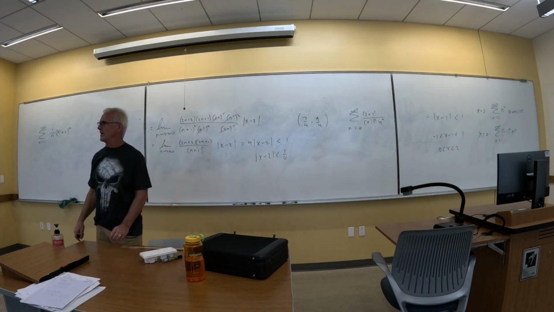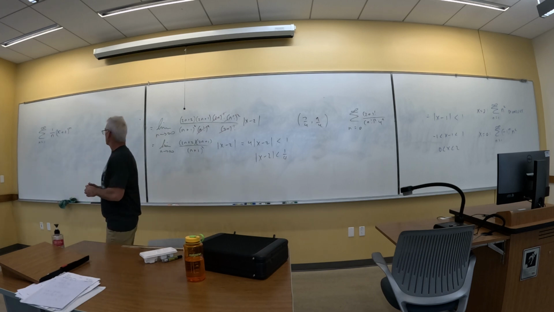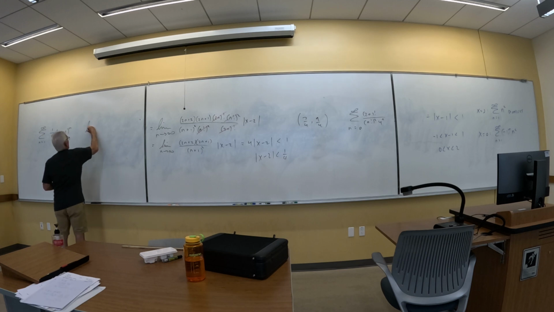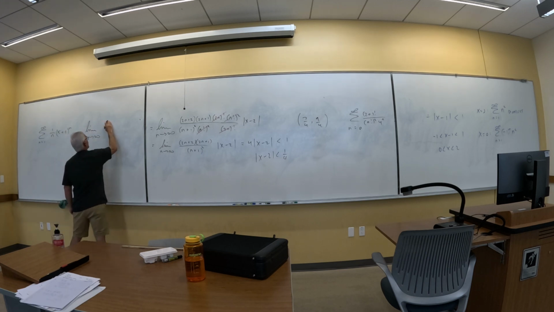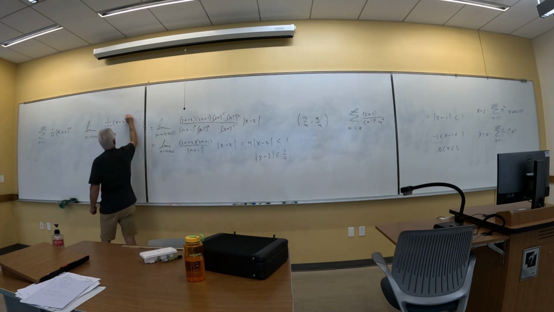So does that change the way I attack this? No, we're still going to replace n with n plus 1. So when we do our limit, this can come up, and we will see versions of this. So I will get 1 over n plus 1, x plus 2 to what power? 2n plus 2. Good.